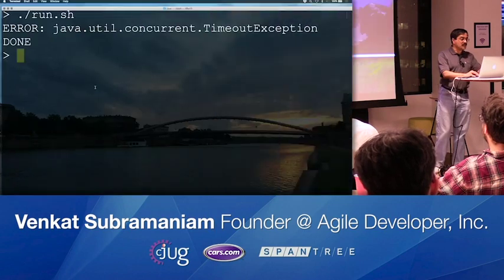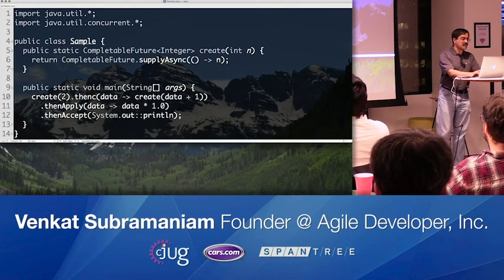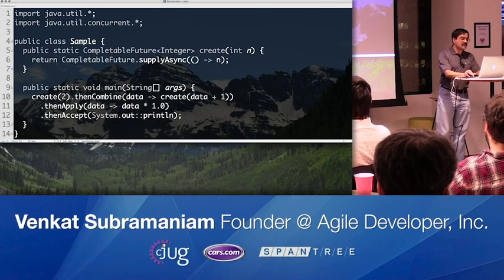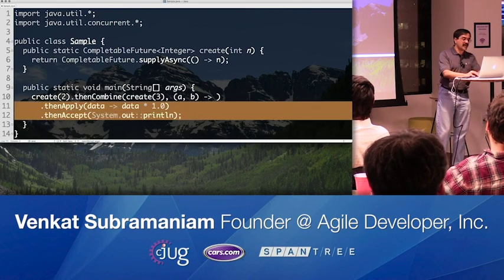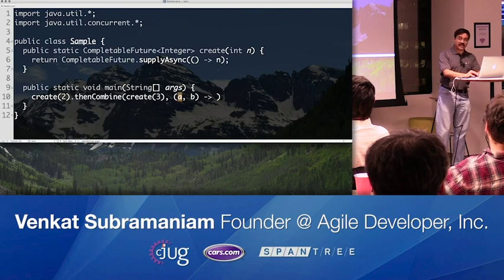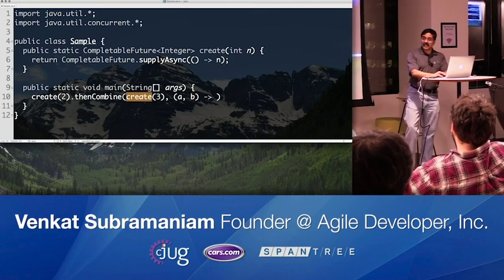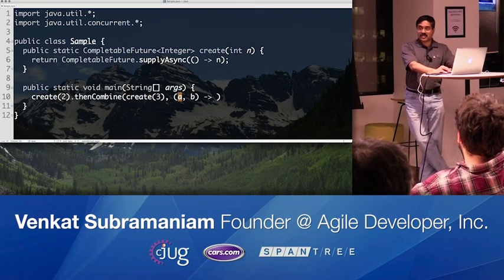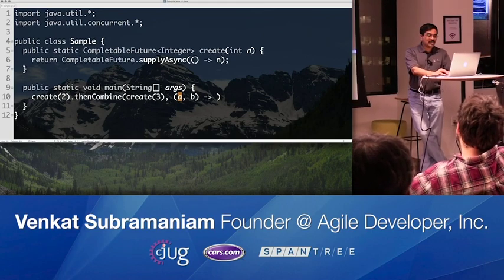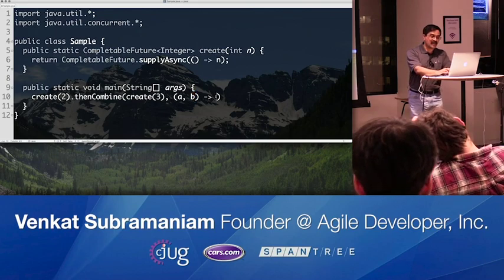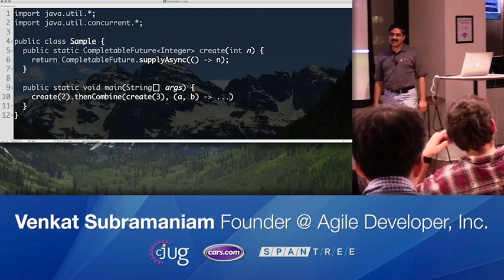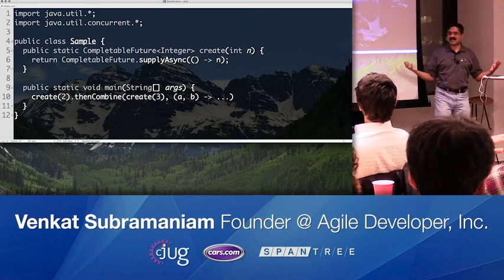So when it comes to the combine, the key here is that it says, I've got the second option. So in here, A is part of the first request, and B is part of the second request. This is the asynchronous response from this one, and this is an asynchronous response from that one. In the hypothetical example, this could be your benefits data, and this could be your profit sharing data. Now I'm going to make a decision using your profit sharing data and your benefits data, combining them together.